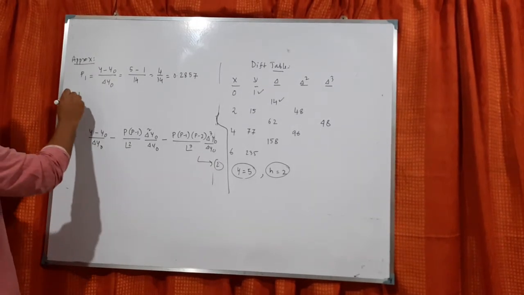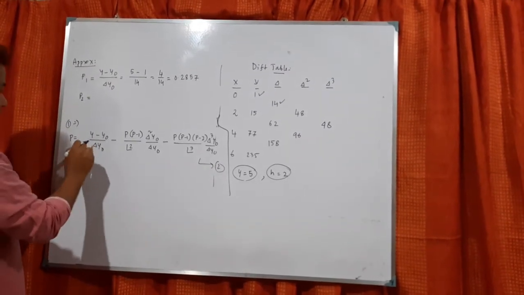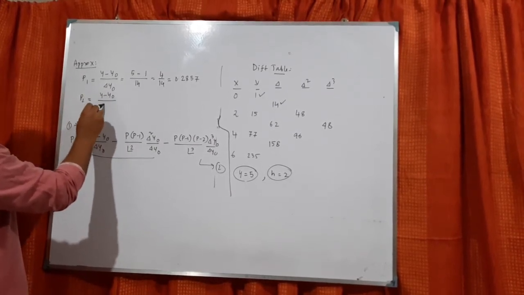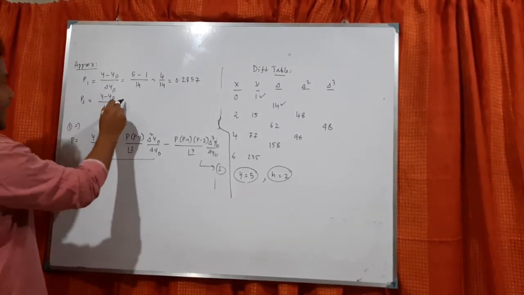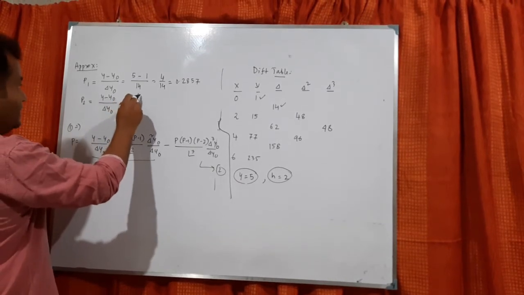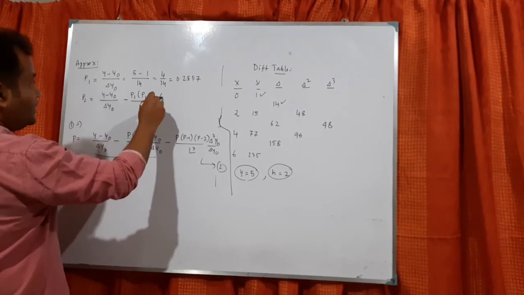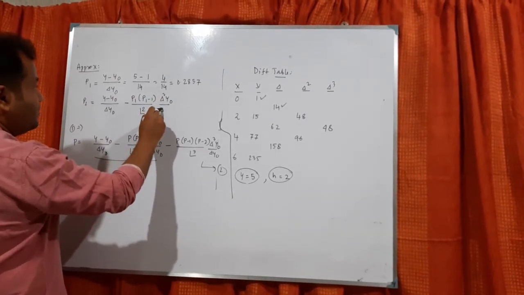Now what about P2? P2 will be up to the second term, that is y minus y naught by delta y naught minus P1 into P1 minus 1 by factorial 2 delta square y naught by delta y naught.